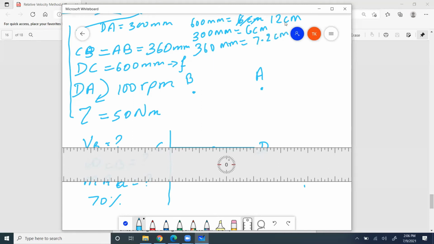According to my scale factor, 600 means 12, 300 means 6, and 360 means 7.2 centimeter. I need to draw an arc of 7.2. Since I don't have any protractor on this, I will randomly draw an arc.